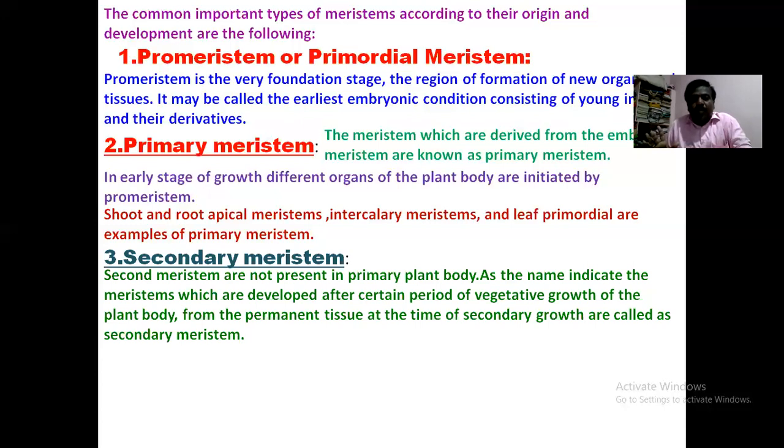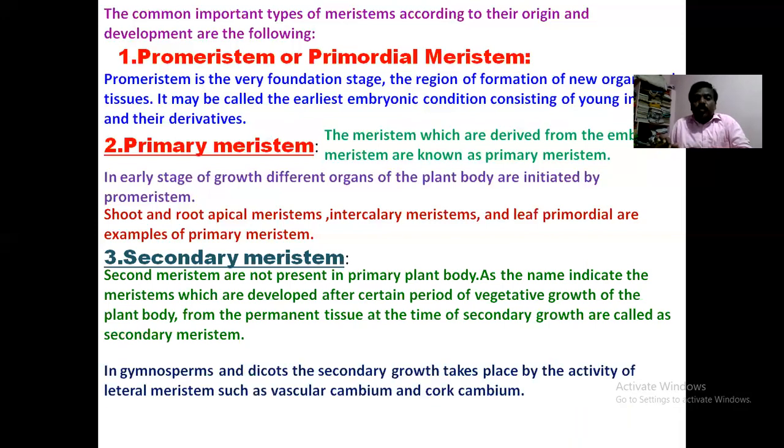As the name indicates, these meristems develop after a certain period of vegetative growth of the plant body, from permanent tissue at the time of secondary growth.